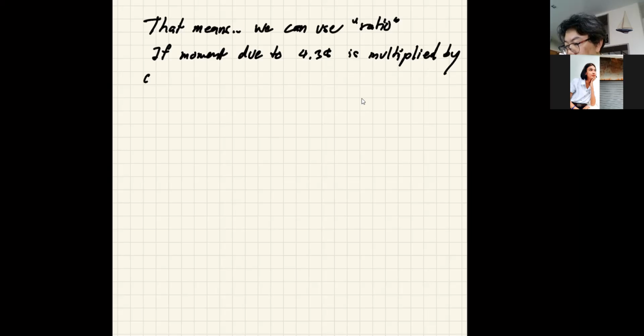So you must multiply it by 0.82 over 4.38. If moment due to load of 4.38 is multiplied by this, moment due to 0.82 is obtained.